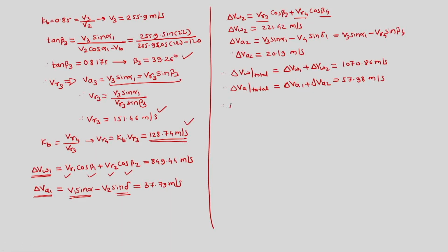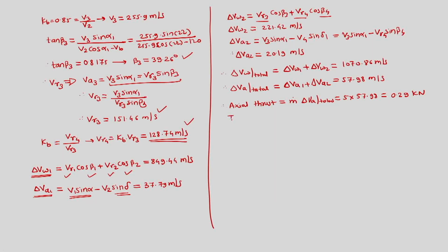So we can find the axial thrust, which is equal to m dot into delta VA total, that is 5 into 57.98, and we get this answer in newtons. We are expressing it in kilonewtons as 0.29 kilonewton.